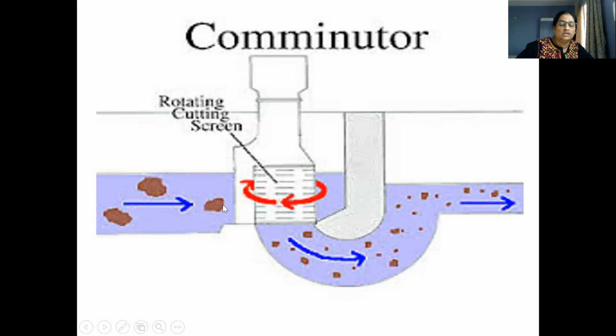There are teeth on this rotating cutting screen, and it keeps moving continuously, cutting the incoming solid particles and converting them into small pieces. Once converted into small particles, it is easy to decompose them with the help of microorganisms. That's why we are converting them into smaller particles.